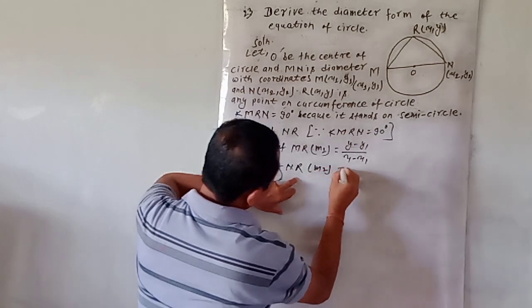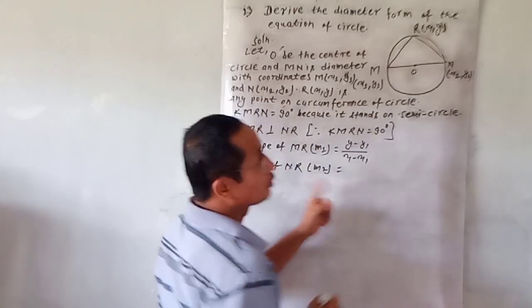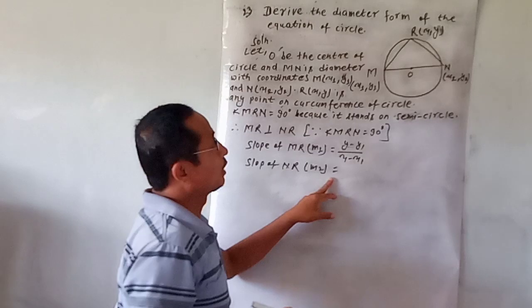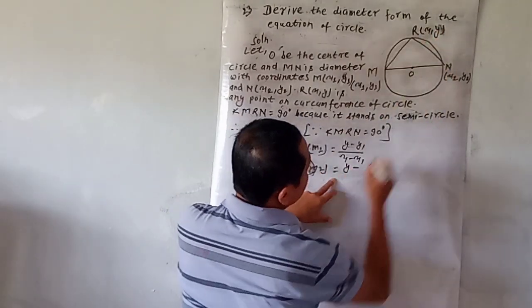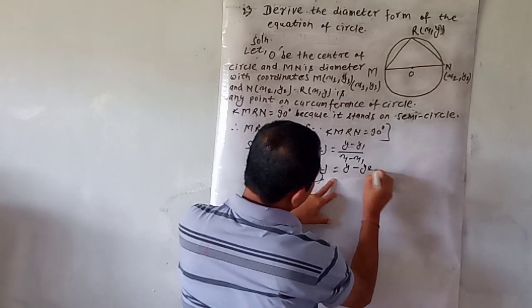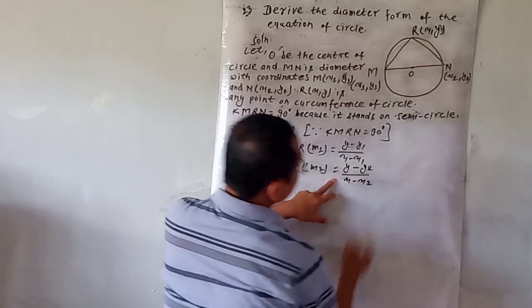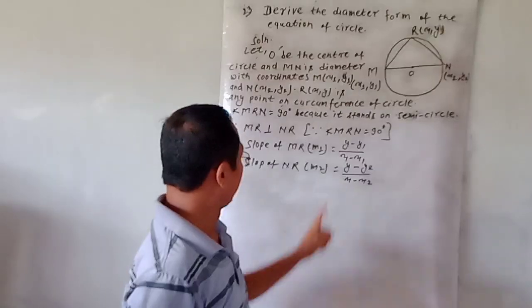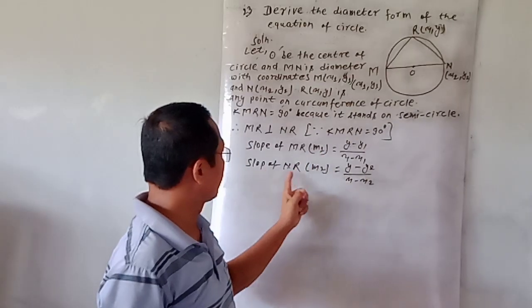Let this be M2. Using the same slope formula, the slope of NR is (y minus y2) by (x minus x2).